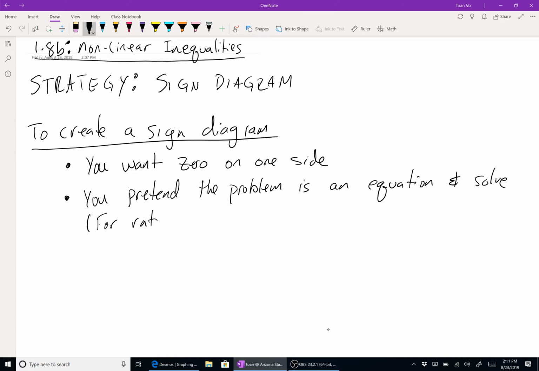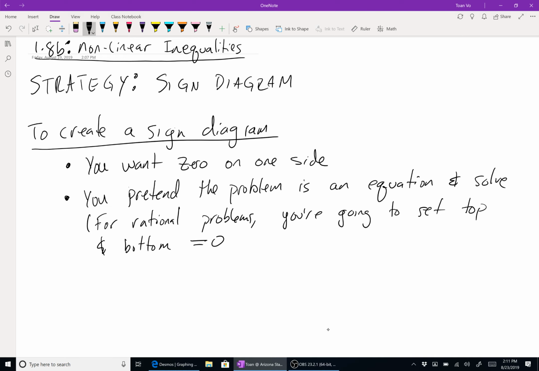For rationals, you're going to set the numerator, or I'll use low-tech words, you're going to set the top and the bottom equal to 0, separately.